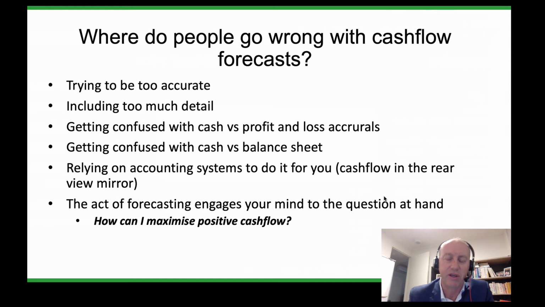Finally, I think that relying on accounting systems to do it for you is a mistake. It's a bit like cash flow in the rearview mirror. You can see what's gone behind you, but you can't see accurately what's coming in front. And finally, the thing I would say is that if you're sitting with a spreadsheet and working through the numbers, the act of forecasting helps engage your mind to the question at hand: how do I maximize positive cash flow in my business?